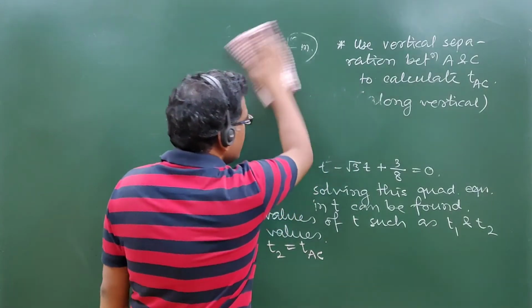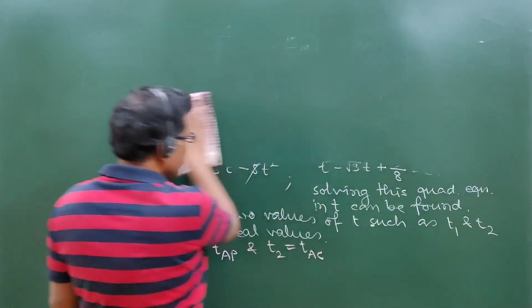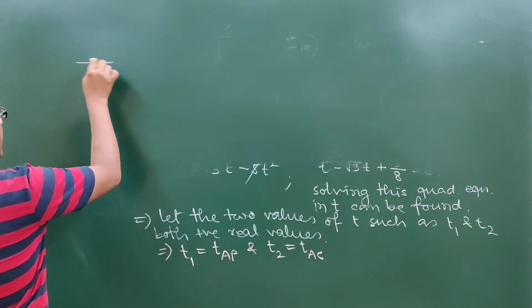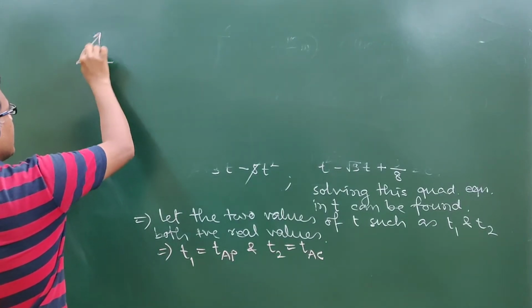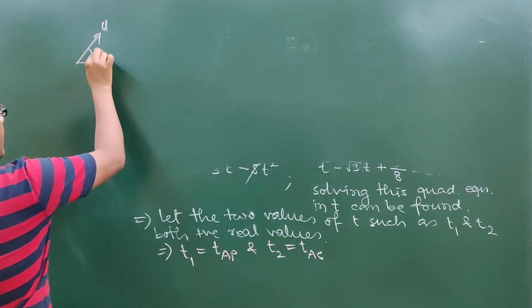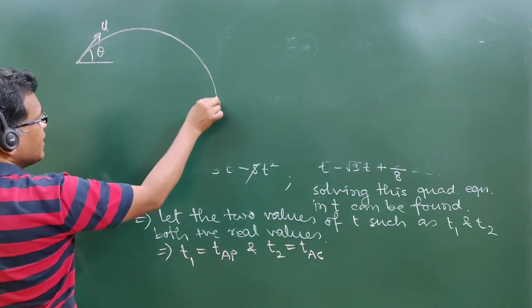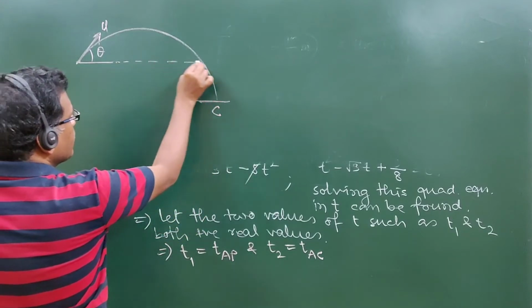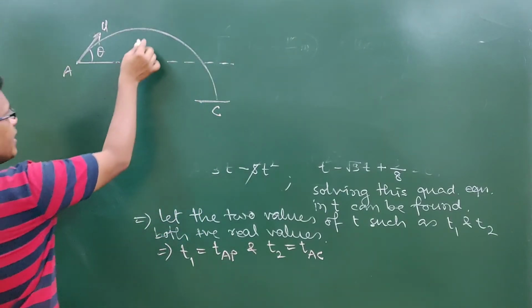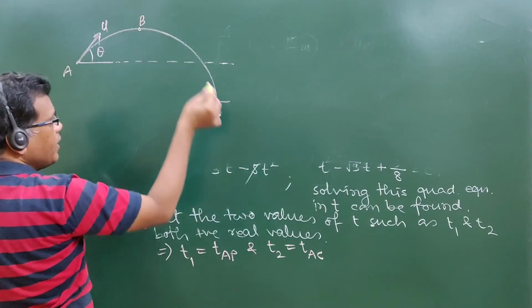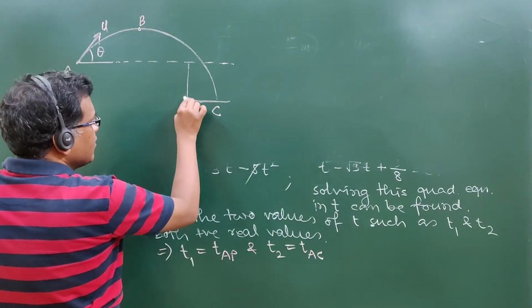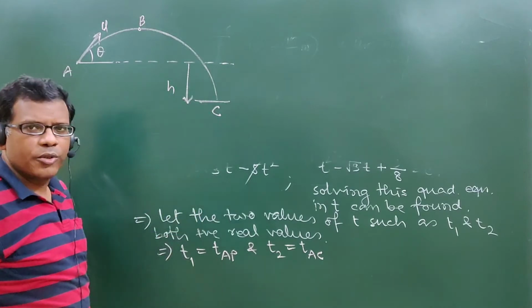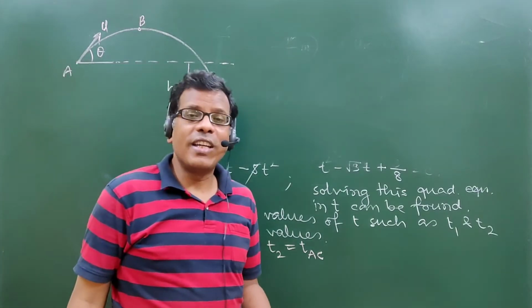suppose a particle is projected from A with a certain value u at an angle theta, and it is discussed up to this level C with respect to the initial level of projection A. Let this be with the topmost point B. So there is a vertical separation h, and this time the vertical separation between the initial and final point is going vertically downward.